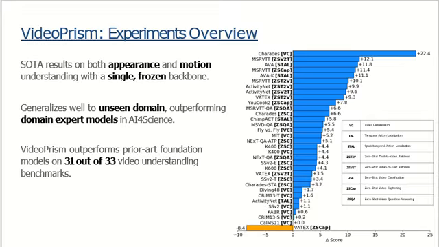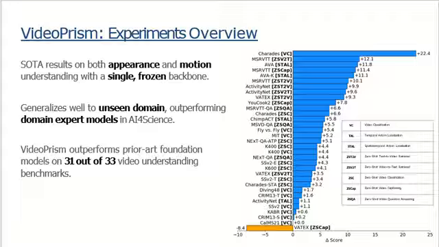This demonstrates that the model isn't just strong in one area, but it is robust across modalities, domains, and tasks, all using a single frozen encoder. And these results validate the core idea behind foundation models: one model, many tasks, with minimal or no customization.